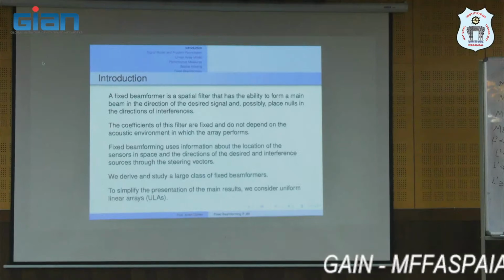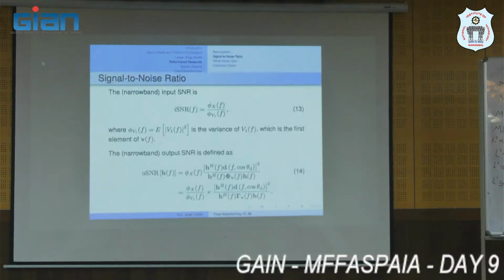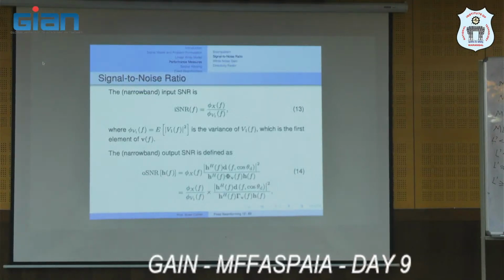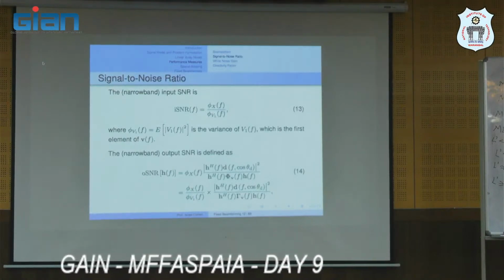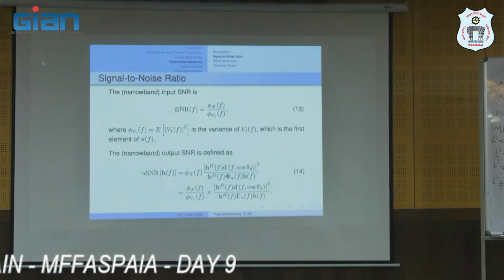Okay, so performance measures here. So with fixed beamforming, the performance measures are very limited because we don't know, or we don't assume, we don't try to estimate a lot of information. So we don't try to estimate the signal.